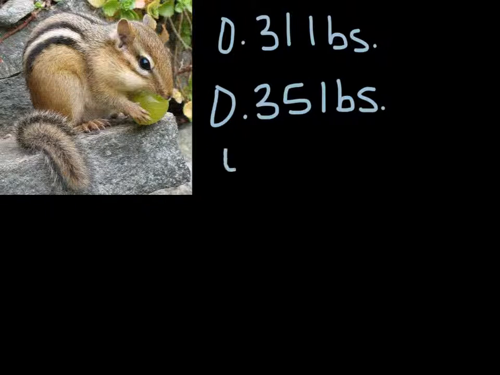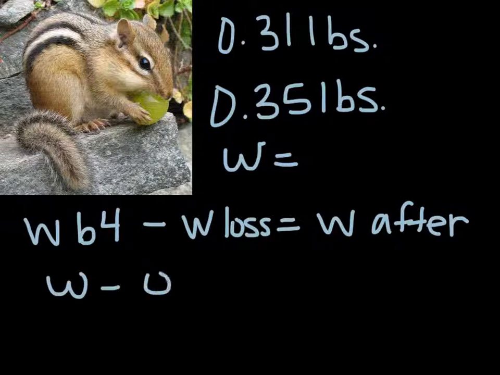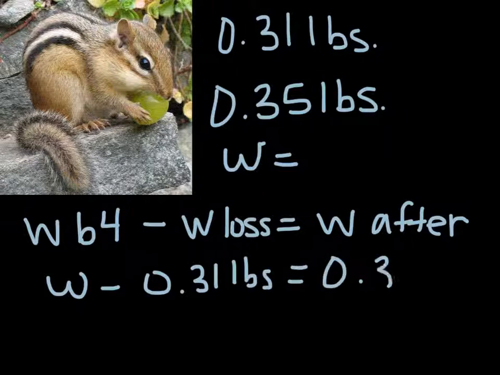If we let W represent the weight at the beginning, we'll write an equation that looks like this. Weight before hibernation minus weight loss equals weight after hibernation. So we're going to enter W minus 0.31 pounds, being the amount the chipmunk lost, equals 0.35 pounds, the weight after.